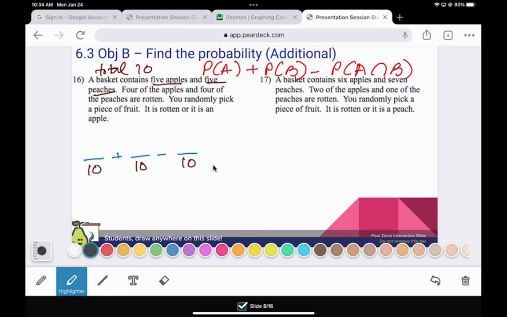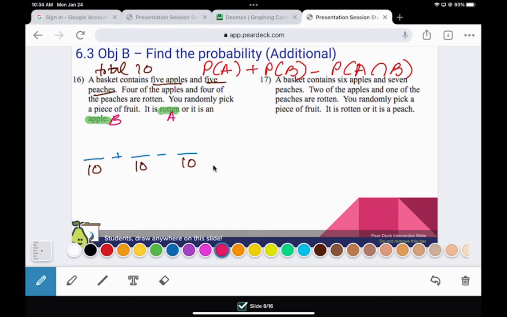Here's the question you want to pay attention to. It says rotten or apple. These are the 2 events that you want to think about. This is event A, and this is event B. Rotten and apple, those are the 2 events. And then the last one is both rotten and apple. We'll talk about that in 1 second.